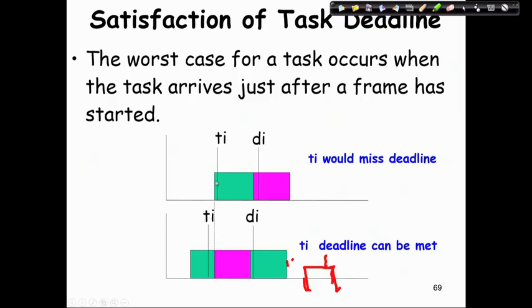So, the worst case occurs if a frame has just started and the task arrives. Now, let us compute what the worst case scenario is, because if a task arrives anywhere towards the end of a frame, that is not a worst case, because it can immediately be taken up in the next frame. So, we want the maximum time a task would have to wait if it arrives just after a frame boundary.